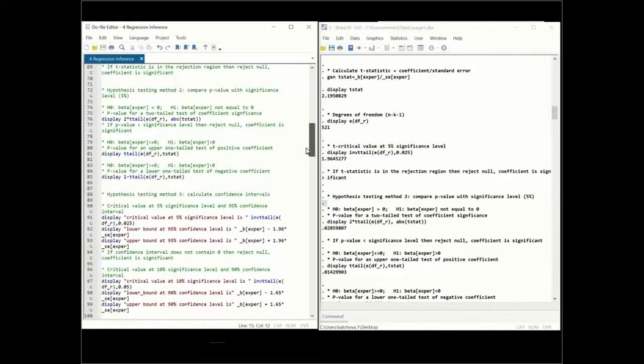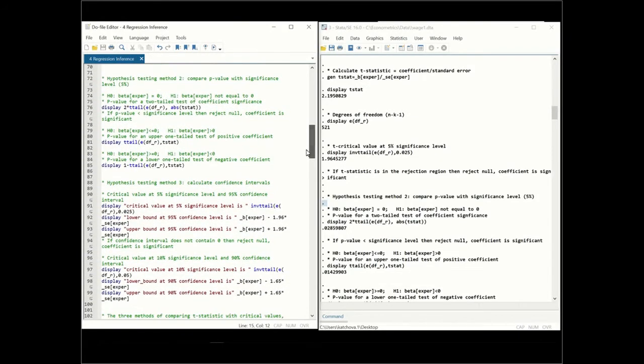Method number 2 to test whether a coefficient is significant is to compare the p-value with the significance level. Here we would have a p-value for a two-tailed test, and this will be 2 times the ttail. That's the command we're picking up the p-value from. Here are the degrees of freedom, n minus k minus 1, and we pick the absolute value of the t-statistic that we calculated above.